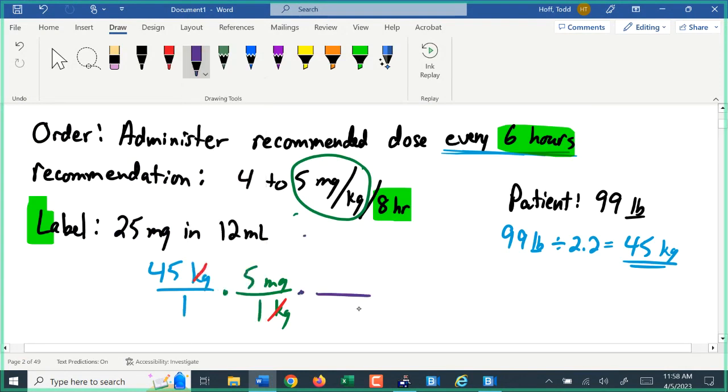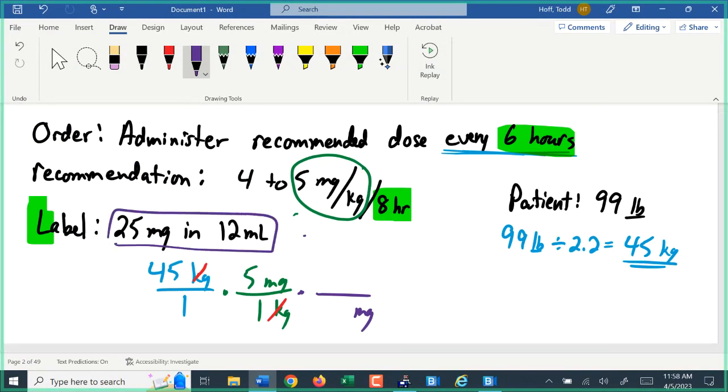Next, we're going to get rid of milligrams, so we're going to put milligrams on bottom here. We have 25 milligrams in 12 milliliters, so 25 milligrams, 12 milliliters will go on top. So the milligrams cancel out. We now have milliliters as our units on top. And again, that's what we're looking for, how many milliliters to administer to the patient.